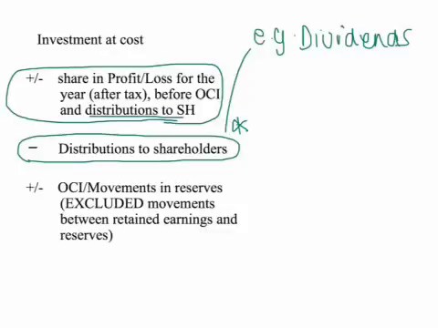So when the investor is not a parent company, so therefore he's not consolidating, he would have passed an entry when he received the dividends, as debit bank, credit dividend revenue.